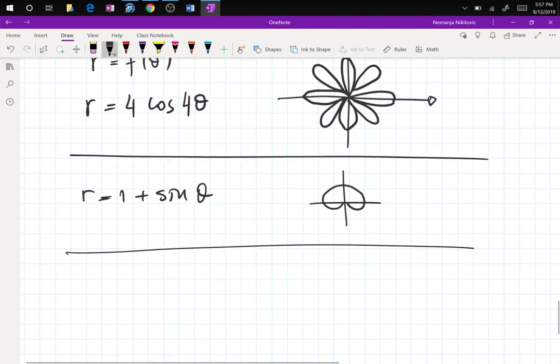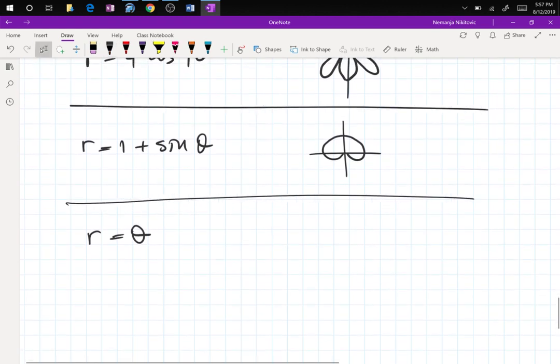Here's a cool one. R equals theta. Can you picture this in your head? What would this be? As theta is growing, radius is growing. What is that? A spiral. Very good. Your starting radius is 0, theta is 0.